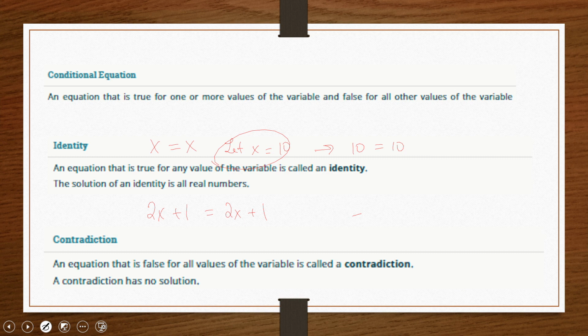And lastly, we have the contradiction, which is similar when we go to show algebraically whether or not a particular equation is of this type. In fact, what happens in both the identity and contradiction equations is that when I try to solve for my variable, it disappears.